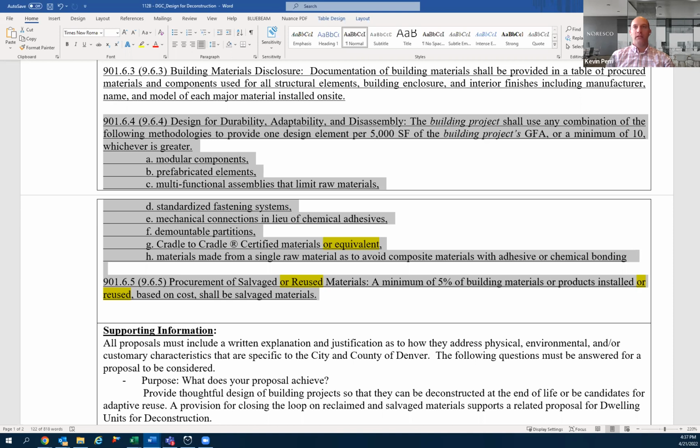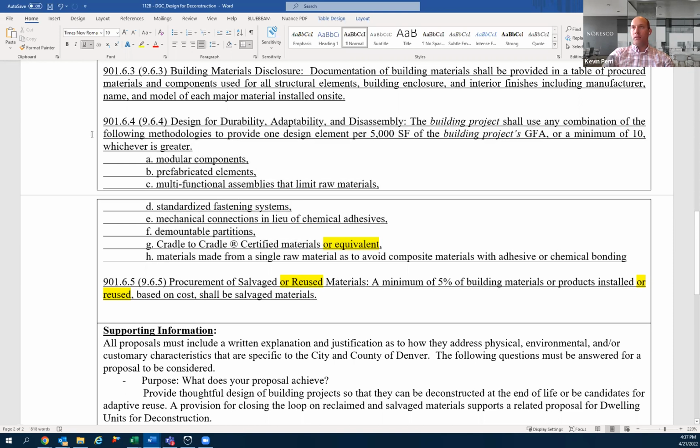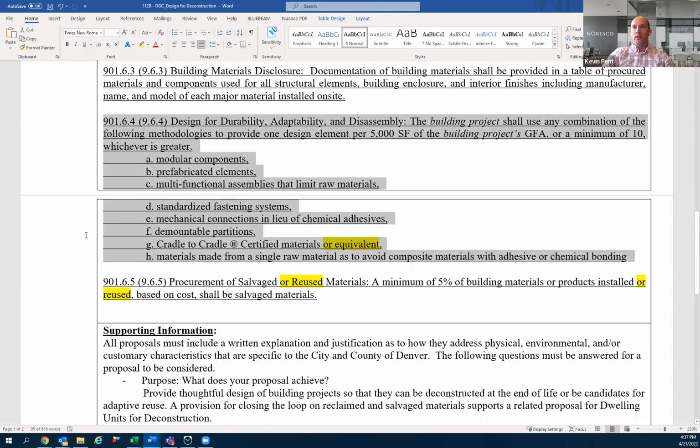Okay, so she would still want to delete 901.6.4 and then make 901.6.5 a separate section. Scott, are you good with that? Okay, I see the thumbs up. All right, and we can vote on those separately. Any further discussion?